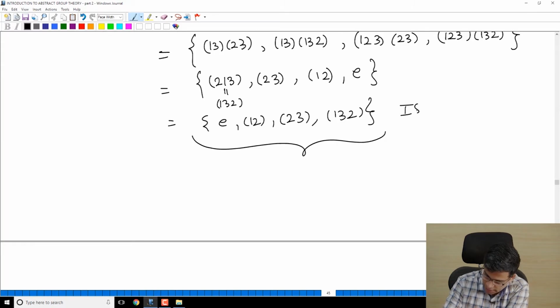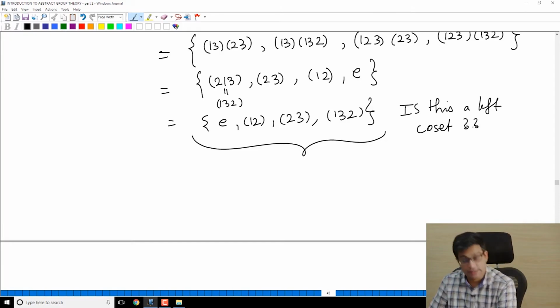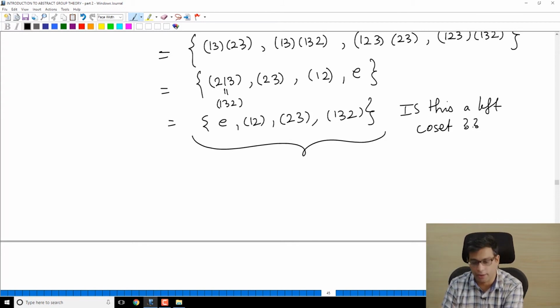So is this a left coset? We computed the left cosets of this subgroup in an earlier video, and either by looking at the list of cosets that we computed, or using the counting formula.